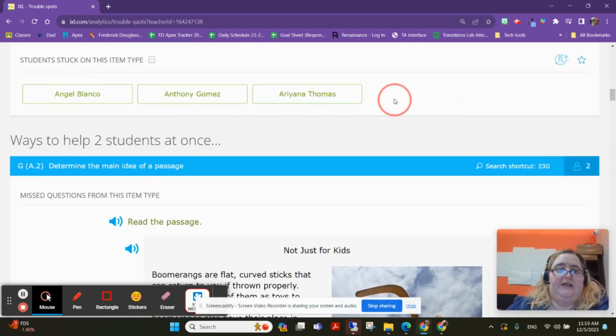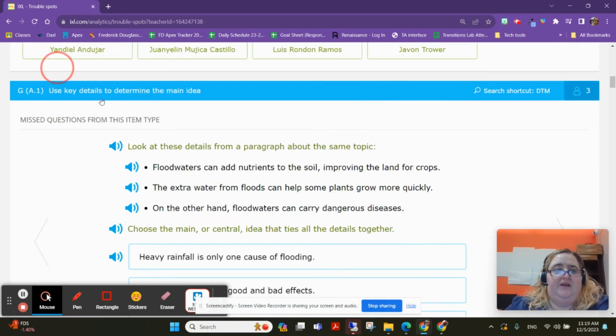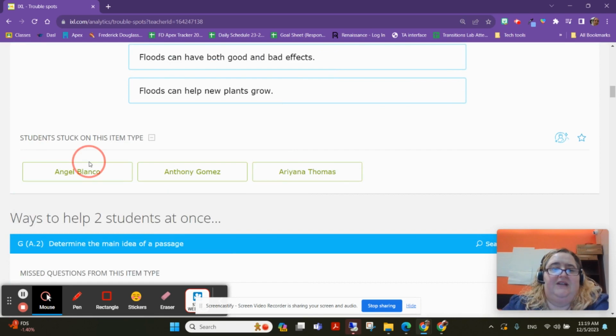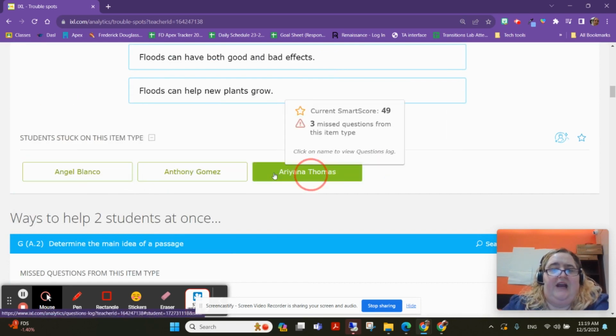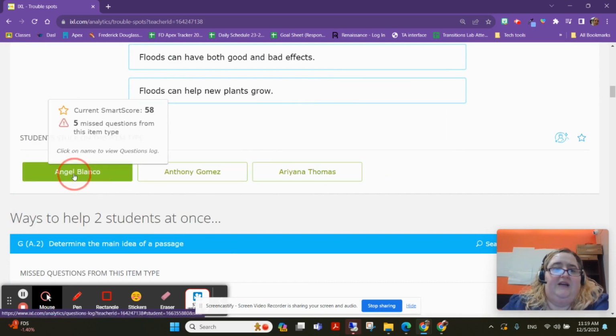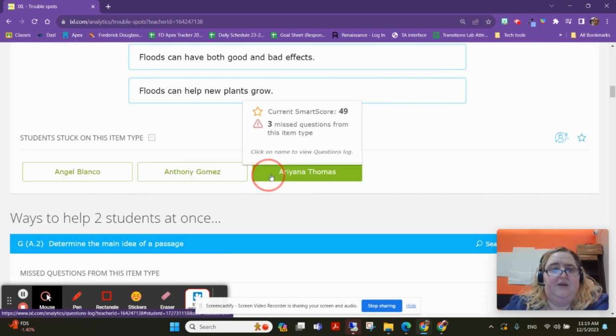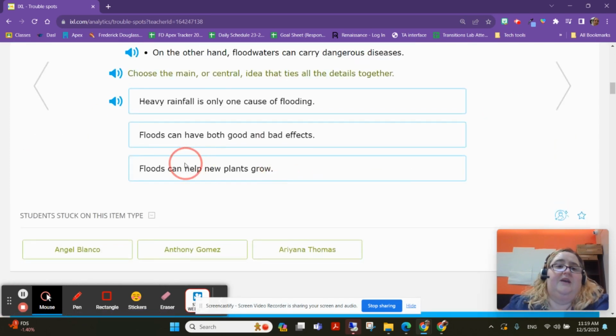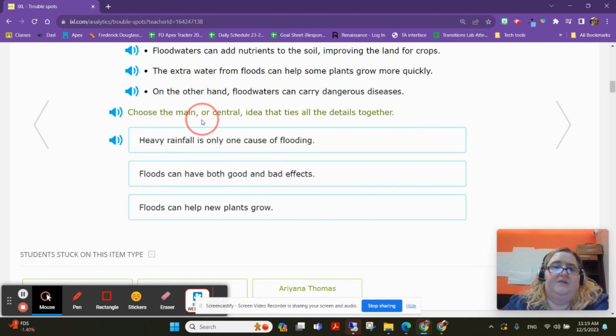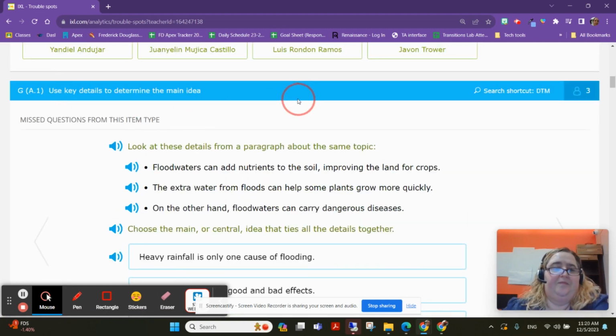This would be a great thing to just pull out as a group jam. Even if only one student in the classroom did it and you pulled this out as a group jam and got everyone in the classroom doing IXL on a topic, that would be awesome because you're then exposing them to IXL, doing the group jam, and then hopefully when the whole group goes to it, they get this skill.